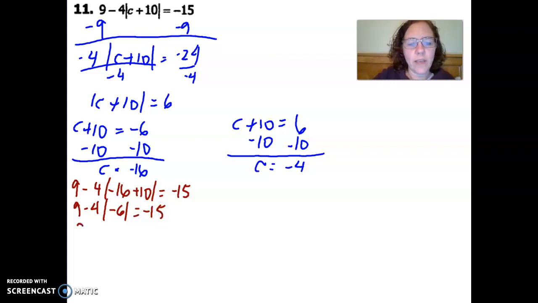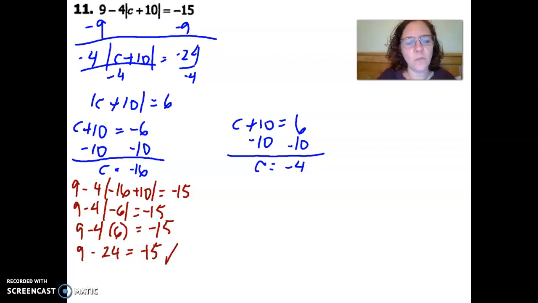The absolute value of negative 6 is positive 6 because the measurement is 6. It's 6 units away from 0. Okay, and now I'll multiply before subtraction. 4 times 6 is 24. And 9 minus 24 does equal negative 15. So that one works out. That is a good answer.